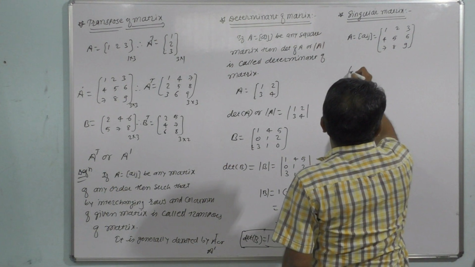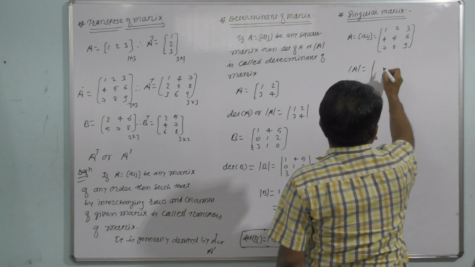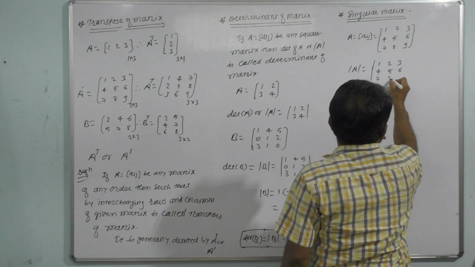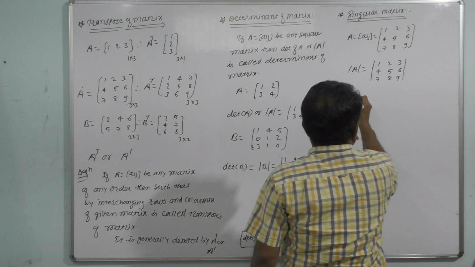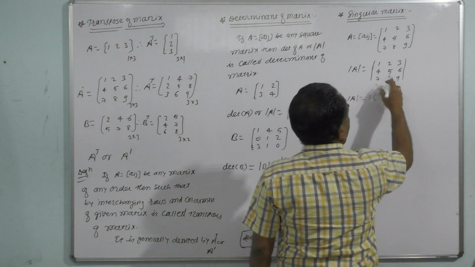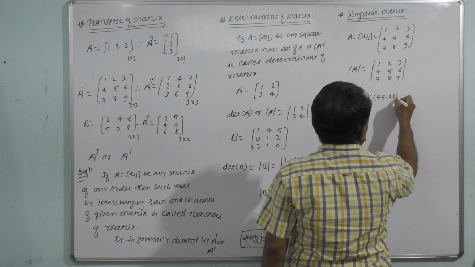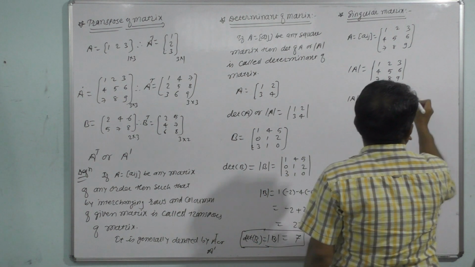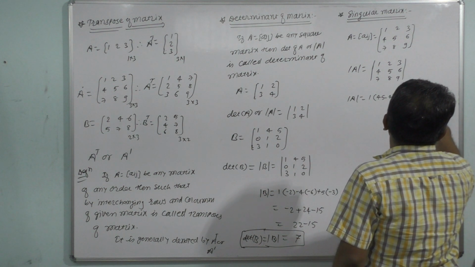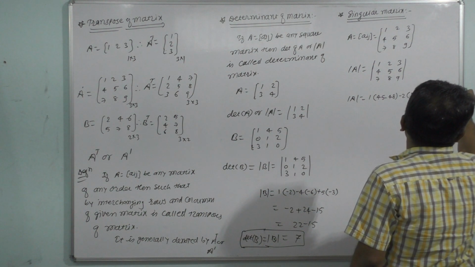What does that mean? Determinant of A is equal to the matrix 1 2 3 4 5 6 7 8 9. Determinant of A is equal to 1 multiplied by (45 minus 48), minus 2 multiplied by (36 minus 42), plus 3 multiplied by (32 minus 35).